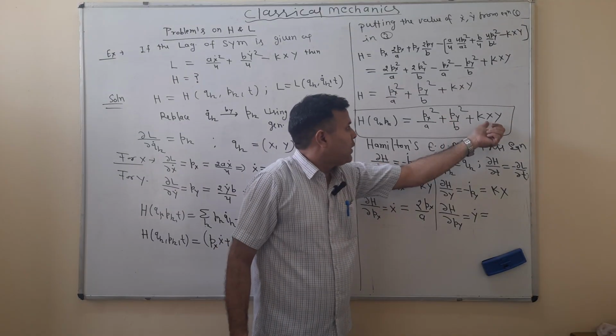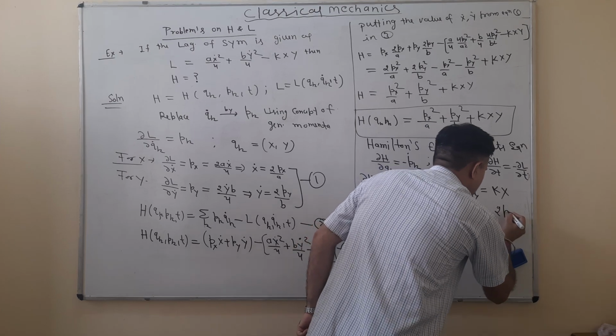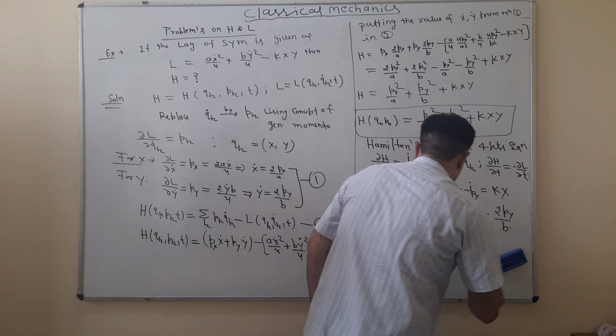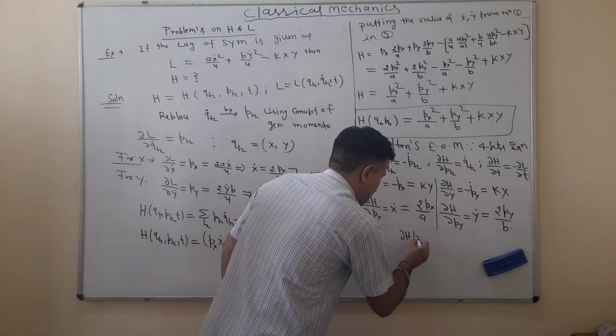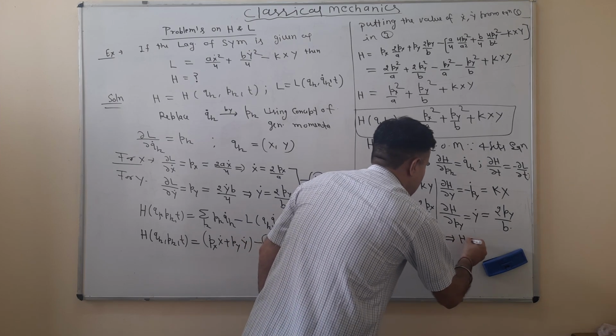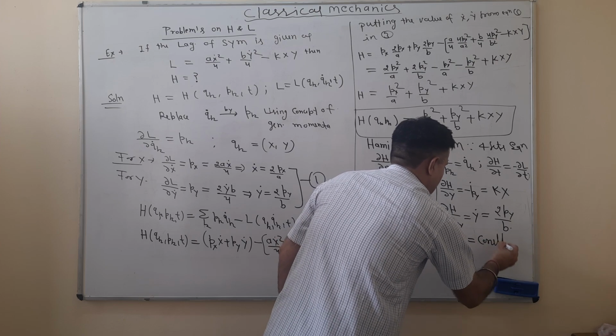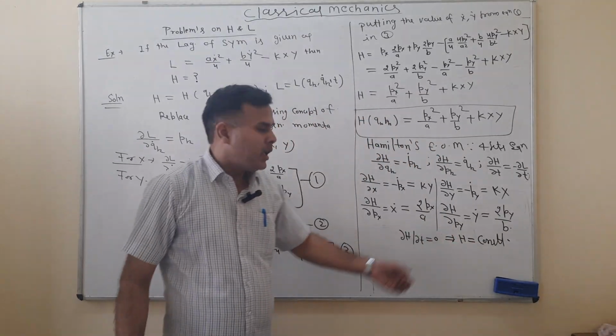We have only one Py term, which is 2 Py by b. And what is del H upon del T, which is 0, which implies that H is constant, and this system is known as a conservative system.